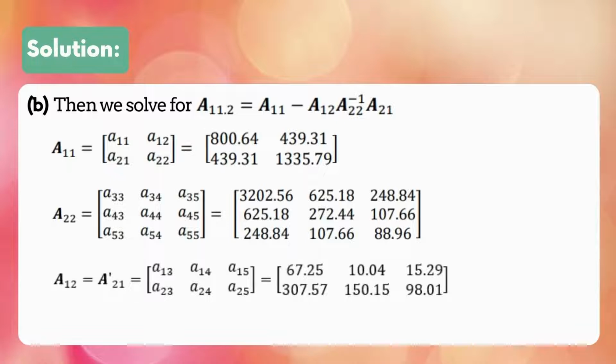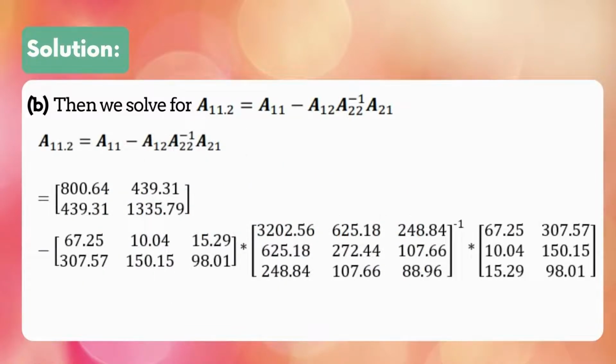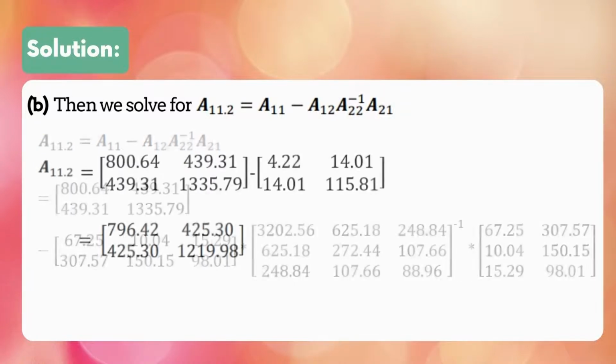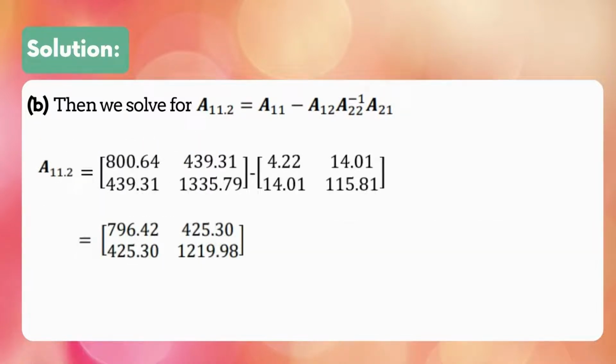Then we solve for A11.2 with the same process as in item 3A. We have the following. And obtaining the difference, we have this matrix.